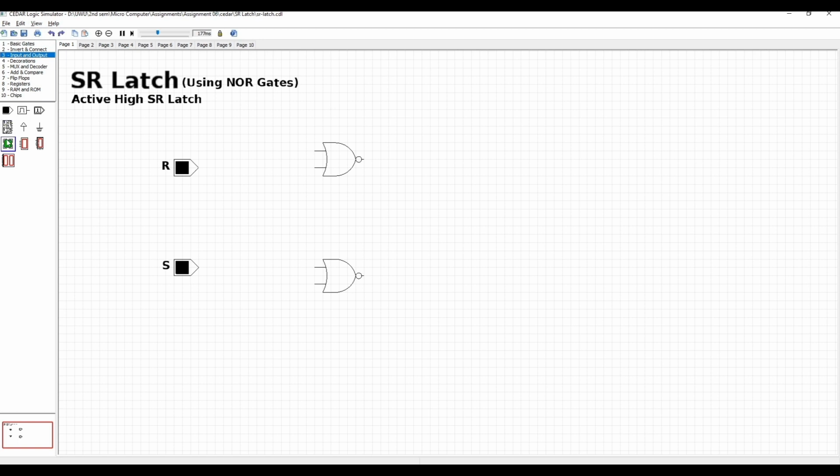So let's make those. I'm going to name this Q because it is the output. And I'm going to get another LED bulb and place it here. I'm going to name it Q bar because this is the inversion of the output.